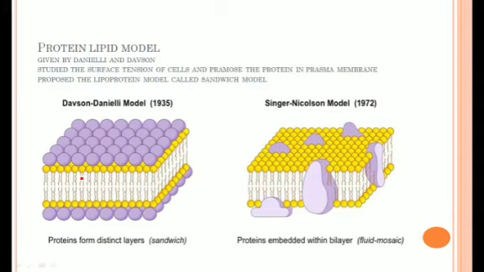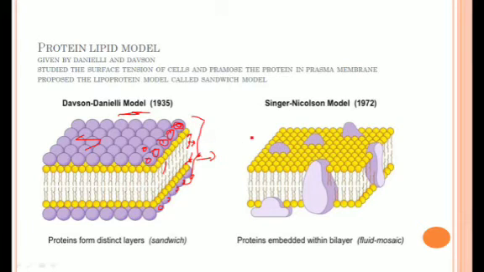In this first model, there is a presence of outer protein balls. These are the protein balls on the upper side as well as the lower side, and in between them there is a lipid bilayer. This is the upper layer and this is the second, lower layer. This is the Davson and Danielli model.